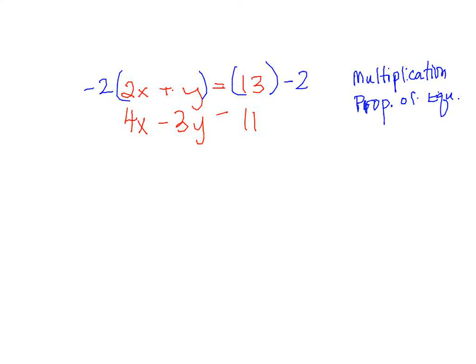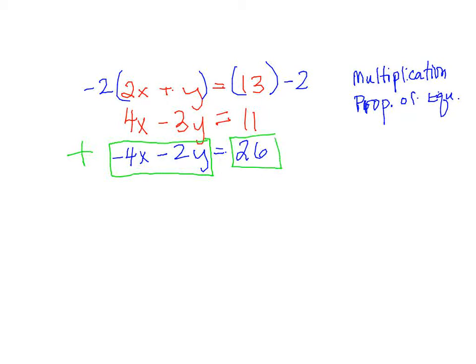Now, when I multiply through and it becomes negative 4x minus 2y equals negative 26, why can I now add these two equations? The reason I can add these two equations is, when we think about what an equation means, the left side of this equation must have the same value as the right side of the equation.